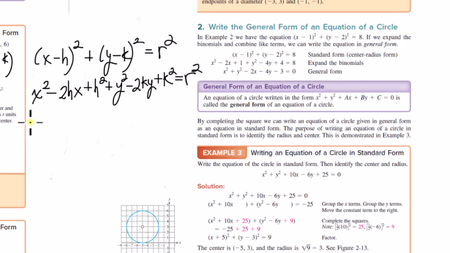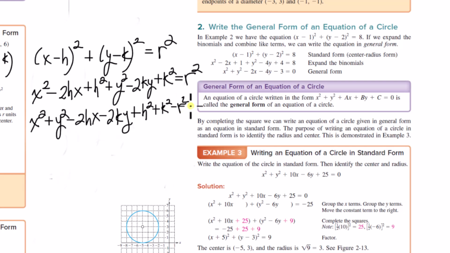So let's put the x squared and the y squared terms right next to each other. Now let's do minus 2hx minus 2ky, the x to the first and the y to the first term. Now let's bring the terms that don't contain an x or a y together. So plus h squared plus k squared minus r squared is equal to 0.